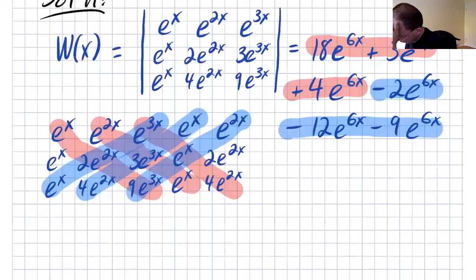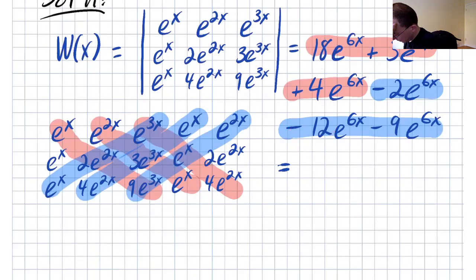And very fortunately, all of these terms are e^{6x}, so we just have to add up all these coefficients. Okay, so we have to do some arithmetic here. I'm just trying to think of an easy way to do this. Okay, so we've got 18 minus 12, that's 6.